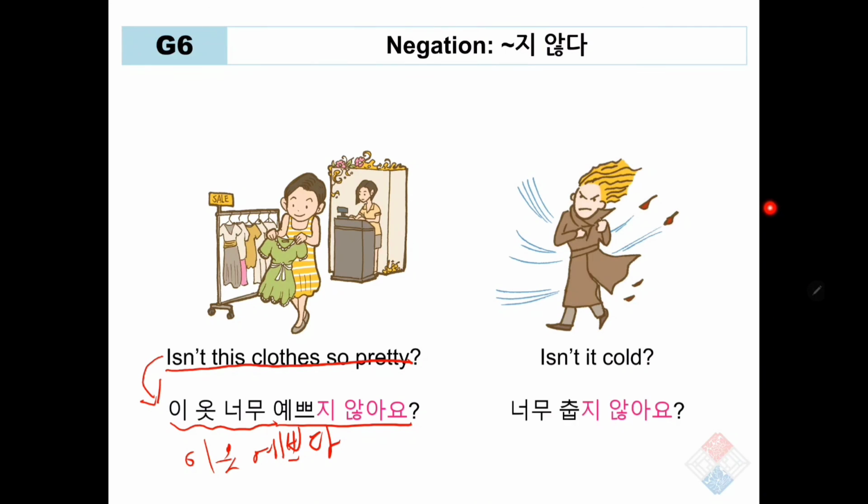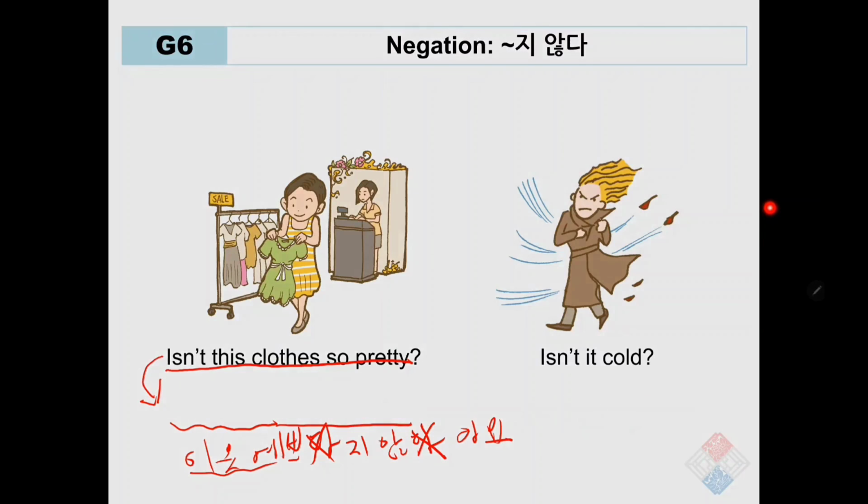You want to negate it and want to ask it as a negative question. 예쁘지 않다. And then lastly you conjugate with polite form 않아요, right? 이 옷 예쁘지 않아요. But if you raise it in rising intonation, we'll put it as a question, right? 이 옷 예쁘지 않아요? would be the final product.